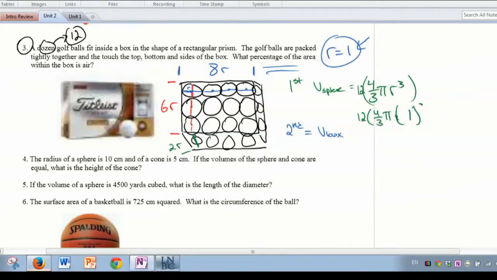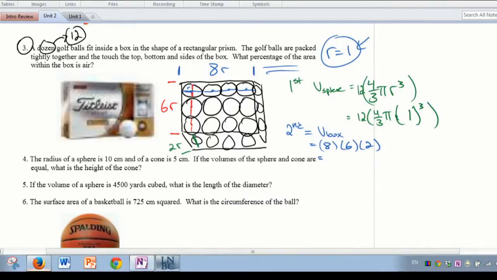Dealing with 1 makes me happy because I know my 1 times tables very well. And then I have the volume of my box, which is going to be 8 times 6 times 2, or 8 r's times 6 r's times 2 r's. But if my r is just 1, then that's fine.